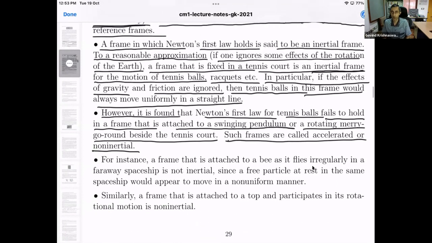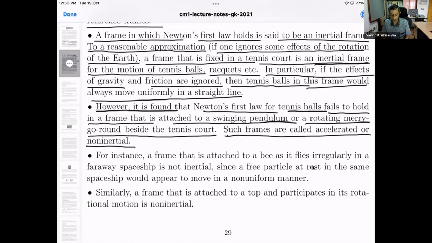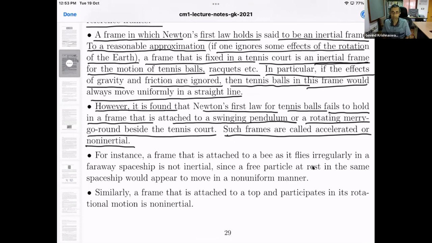The example that follows, I hope, will make things even clearer, because on the Earth, it is hard to ignore gravity. So let's go away from the Earth. Let's go out into outer space, very far from Earth, Sun, and other objects, where to some reasonable approximation, we really are isolated.